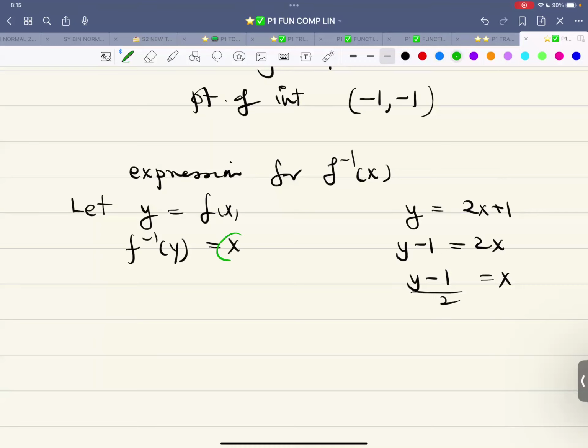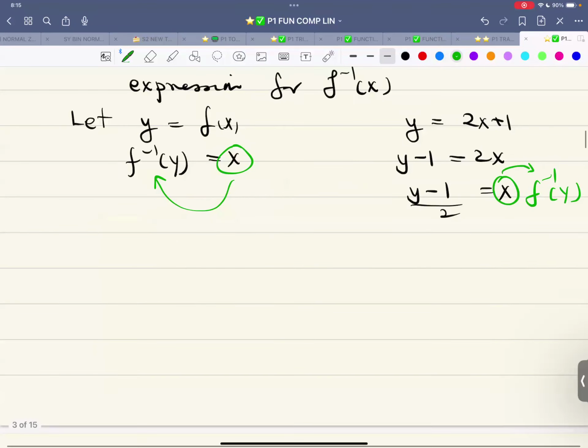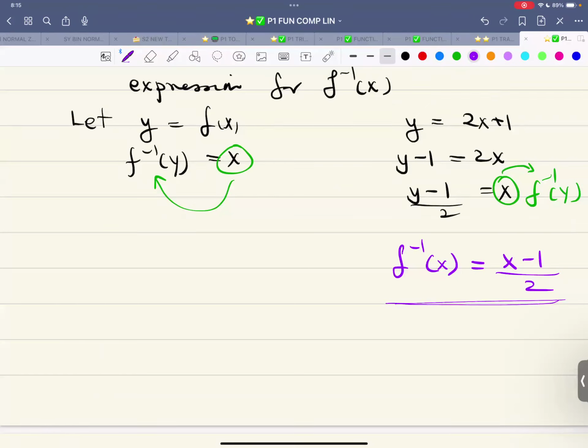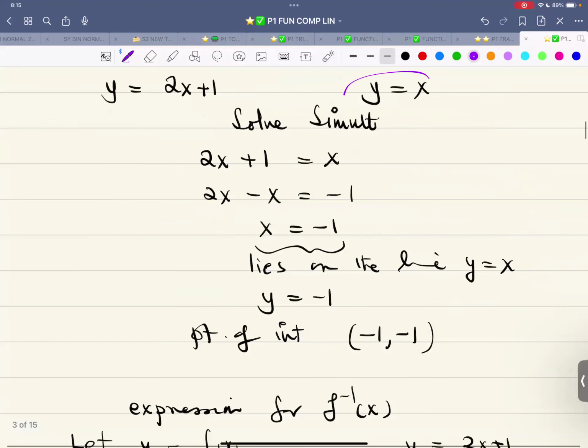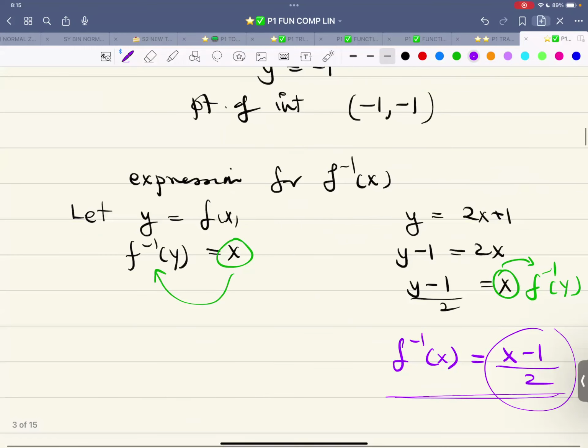What is x equal to? x is f inverse y. So we found the expression. It's just that we have a habit of writing everything in terms of x. So f inverse x = (x - 1)/2. That is the expression. Even if I solve this one with y = x, I'll still get the same thing.